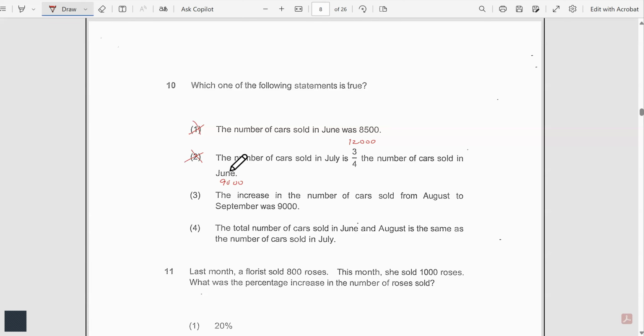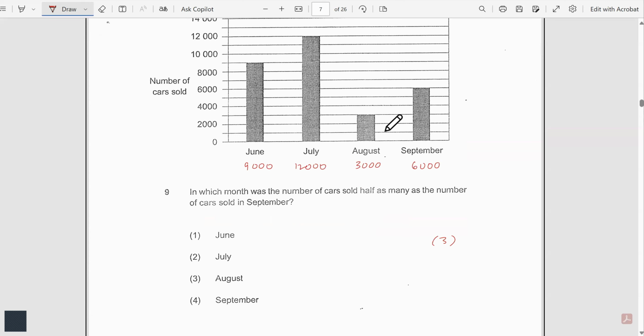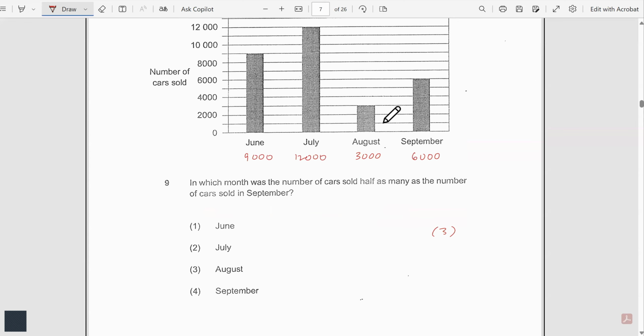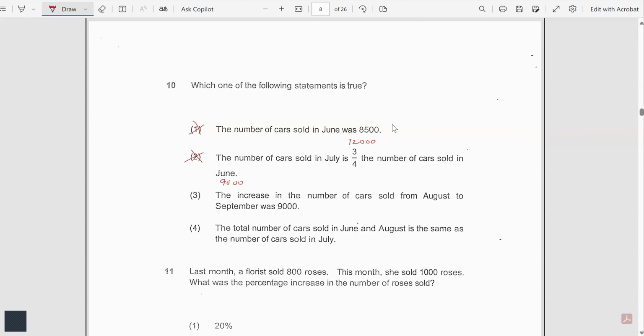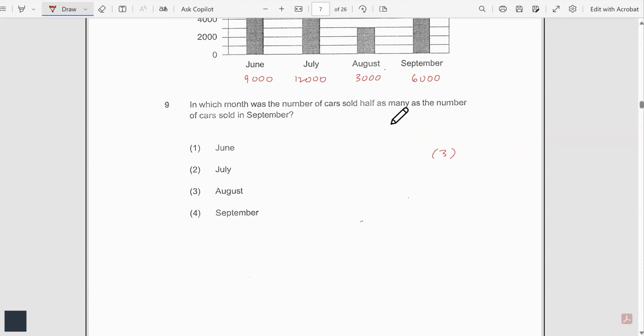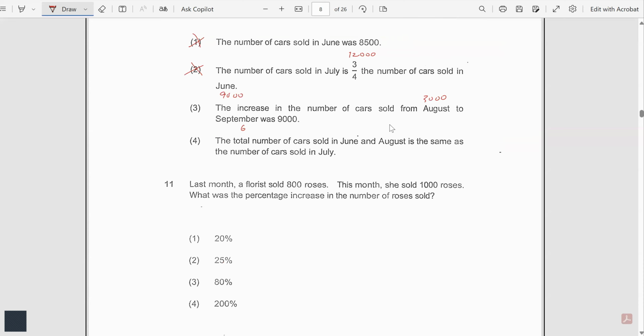Increase in the number of cars sold from August to September was 9,000. From August to September, the increase is only 3,000, from 3,000 to 6,000. So no, not true. Okay, August is 3,000. September is 6,000. So the increase is only 3,000.